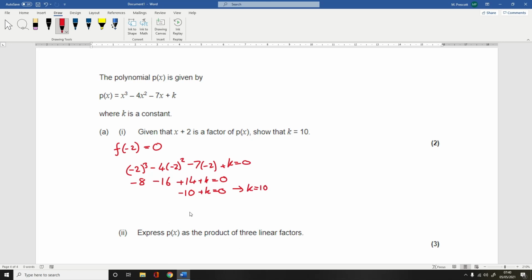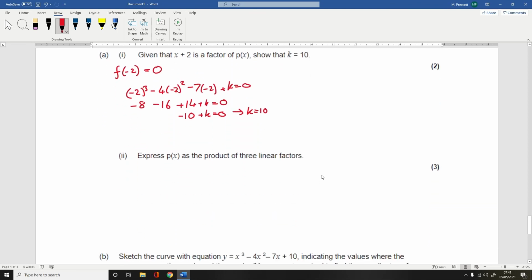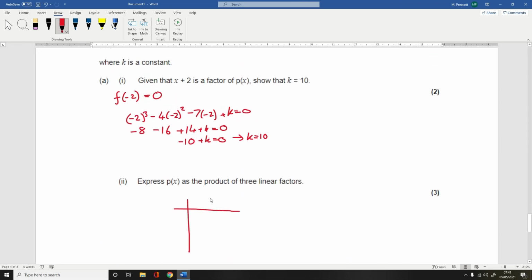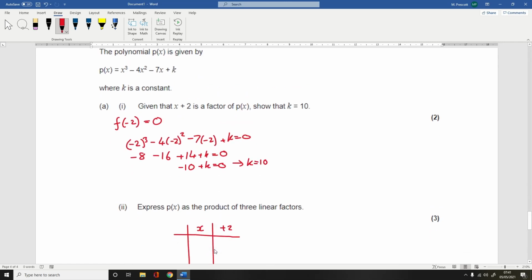And then hence express as a product of 3 linear factors, so again that's our classic factorise this now. Let's draw our grid. We are dividing by x plus 2, and let's try and get the polynomial in play. So it's x cubed plus 4x squared. So x cubed in the top left, that means that's x squared, that's 2x squared.